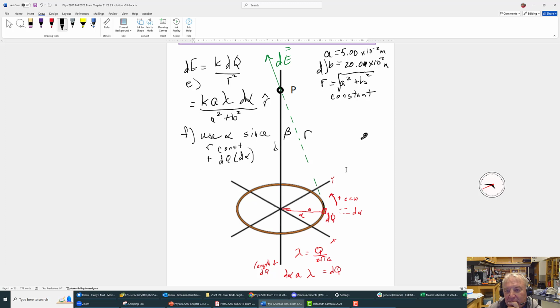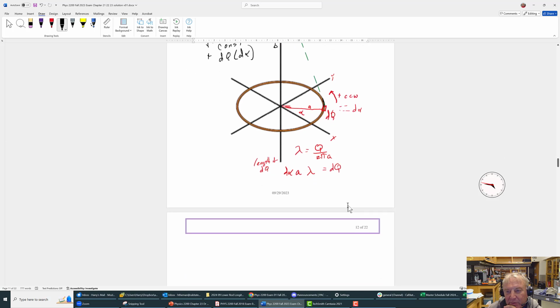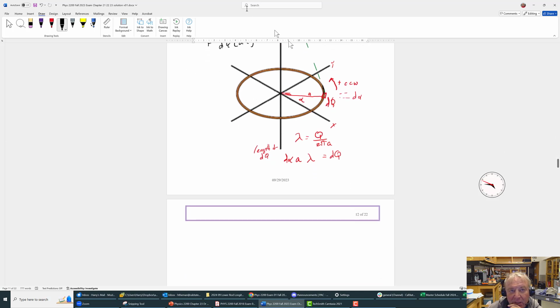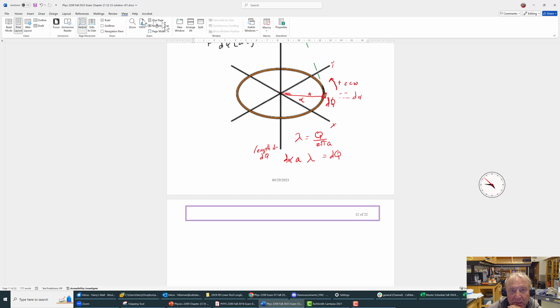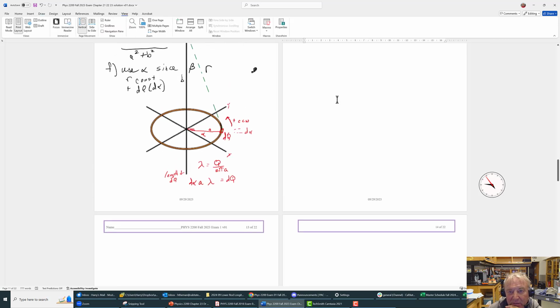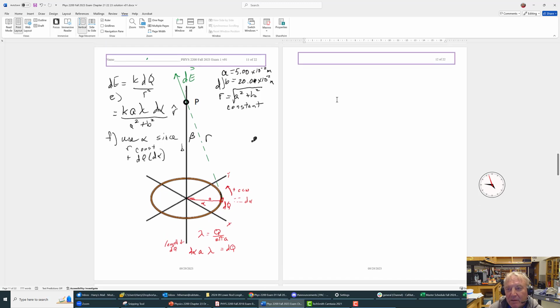And so we have to express the x and y components as a function of x and y. So let's have a crack at it. dEx is going to be r sine of beta, because it's the opposite.